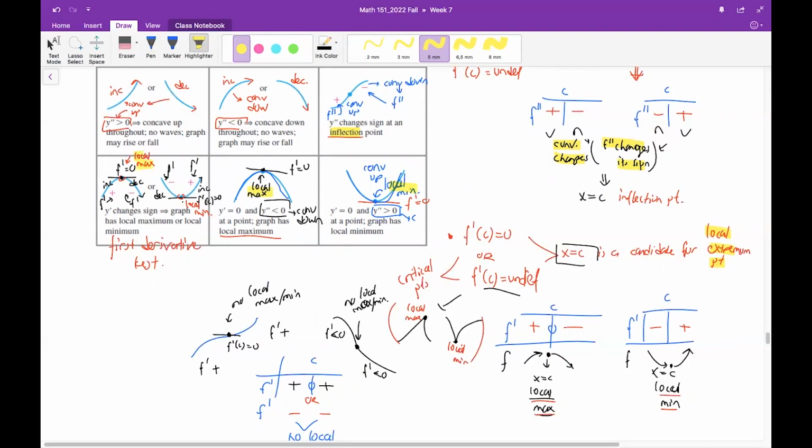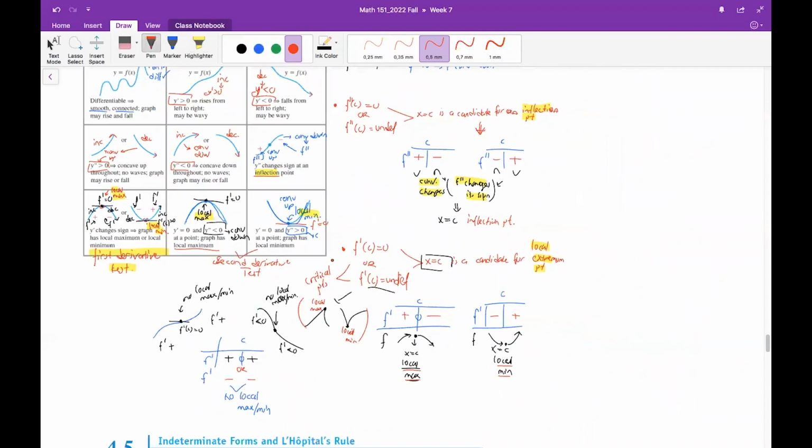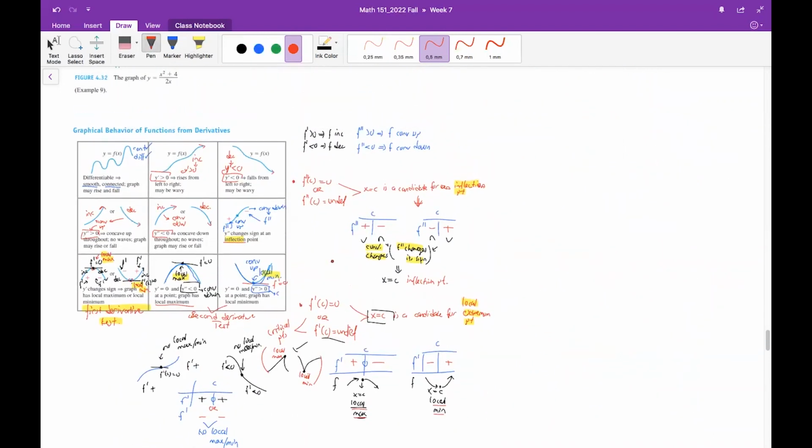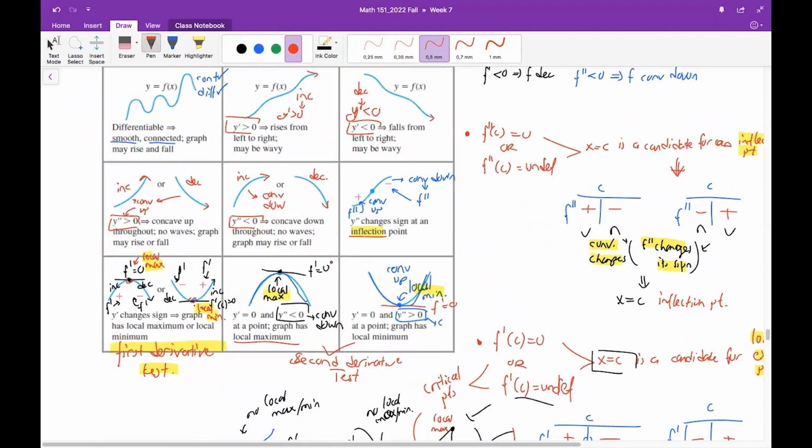We were also detecting local max and min in the previous case, which we call the first derivative test. There is also this way of detecting them, which we call the second derivative test.